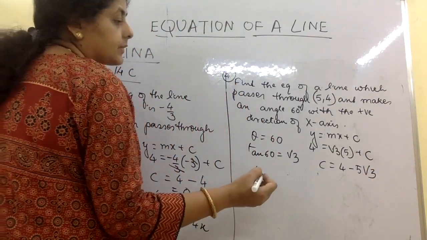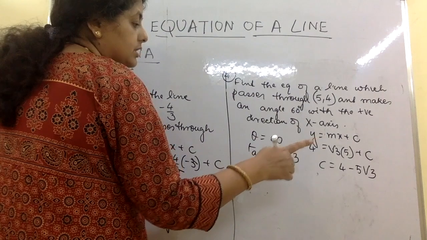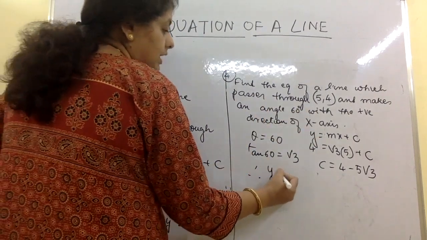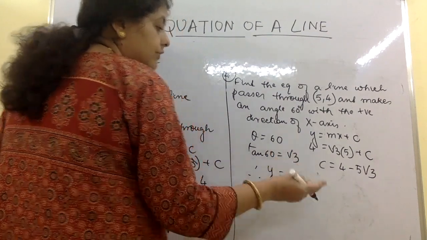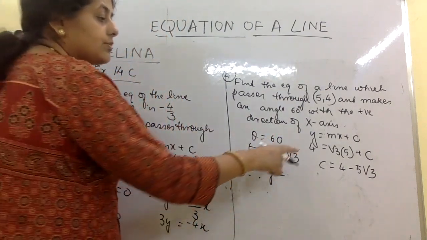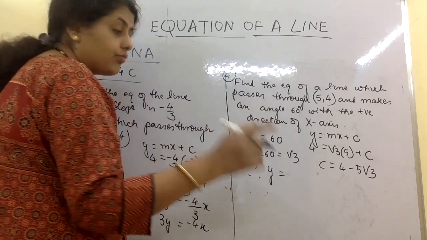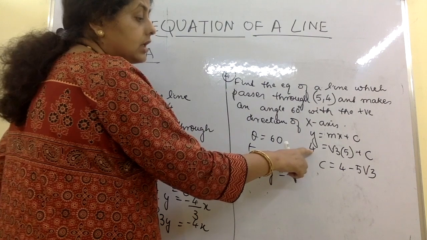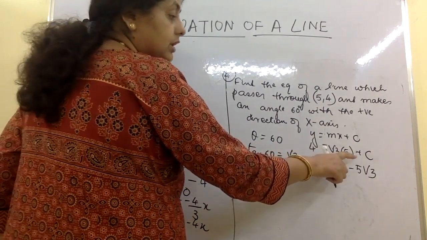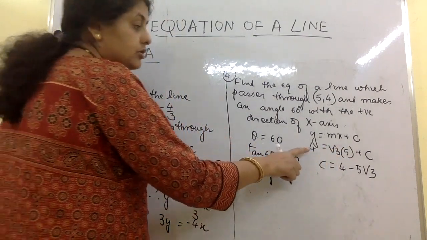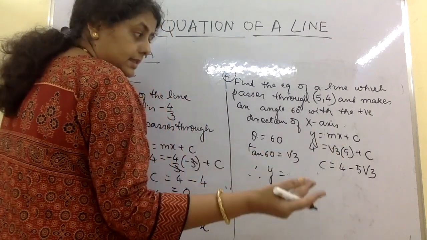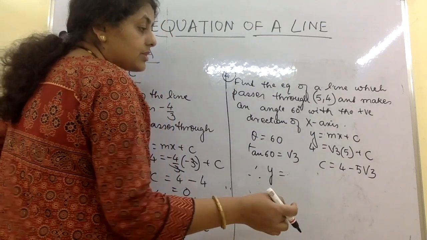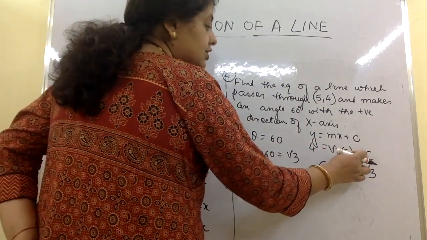Therefore, y is equal to mx plus c. Now my final equation of the line: note one thing, I substituted the value of y and the value of x just to get c.